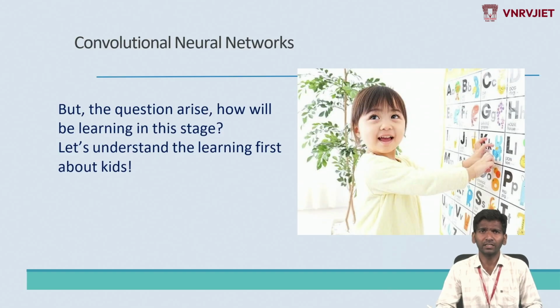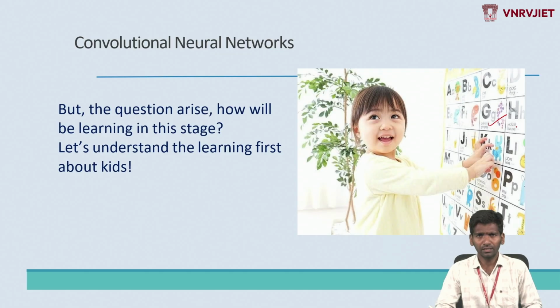No, right? We can't expect that until and unless he is perfectly trained or perfectly taught. If I ask him what is the letter of this, he may respond G, he may respond A, he or she may respond B, or whatever the alphabet may be.